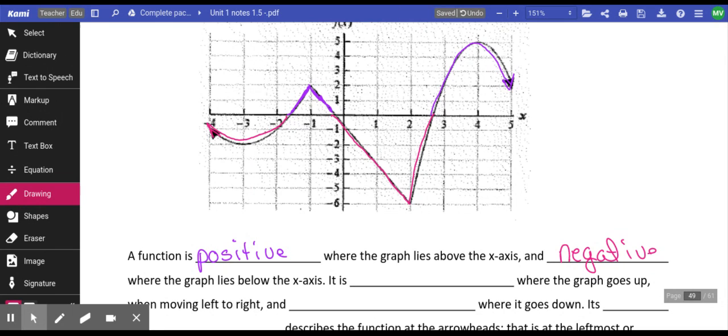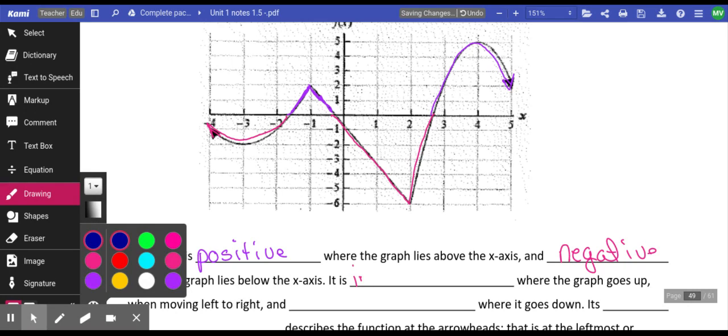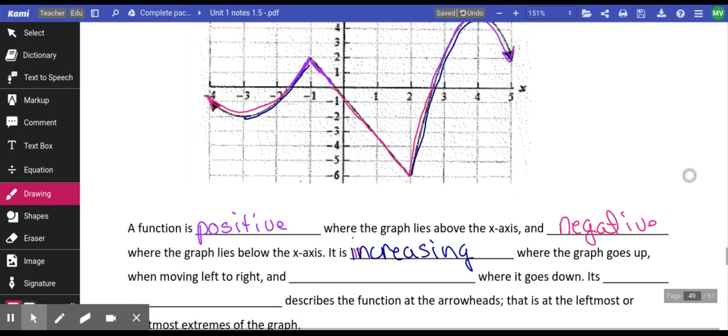It is increasing where the graph goes up. So if we look at this, where is it increasing? Well, it's increasing here and here, moving from left to right.